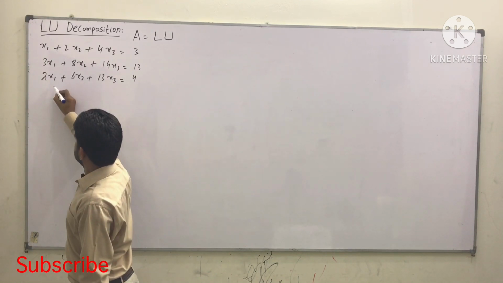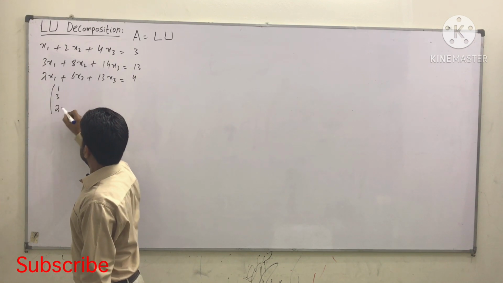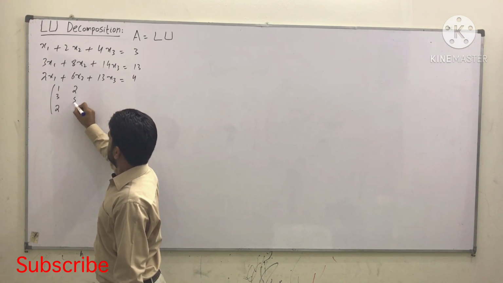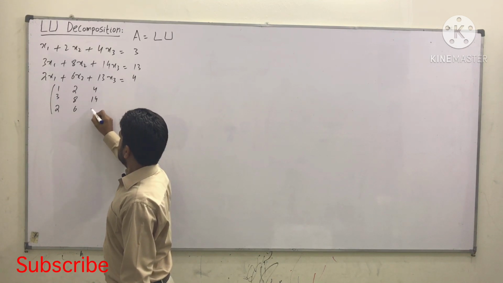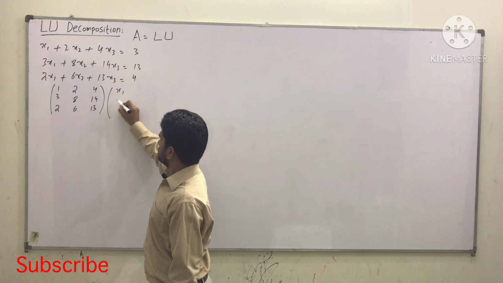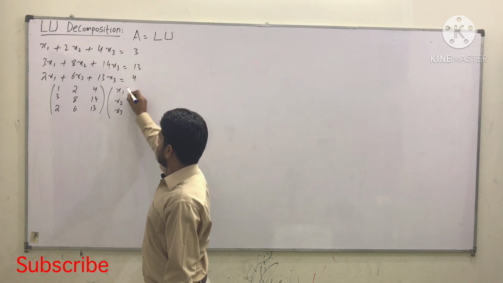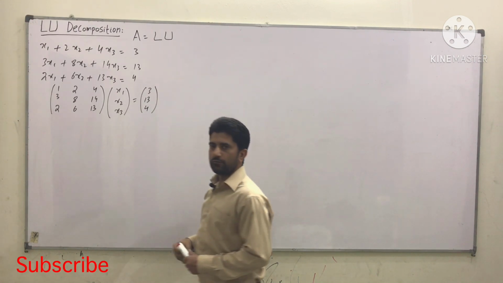We have 1, 3, 2, 2, 8, 6, 4, 14 and 13, and here we have x1, x2 and x3. At the end 3, 13 and 4.